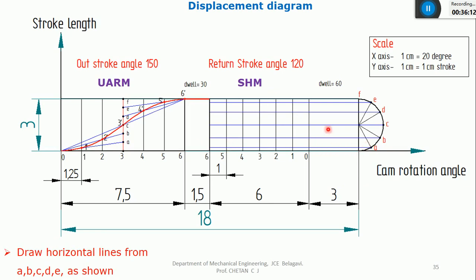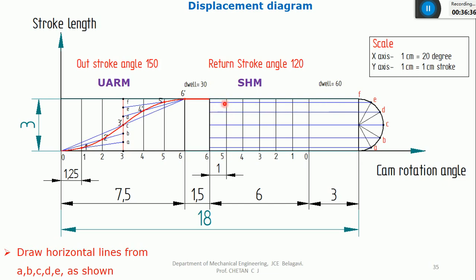All these lines have started from points A, B, C, D, E, F. And I have to start from here. So I'll give the naming as 6 dash, and I'll continue: 6 dash, 5, 4, 3, 2, 1, 0. You can see the line which is coming from point E. It will intersect the 5th line at this point.